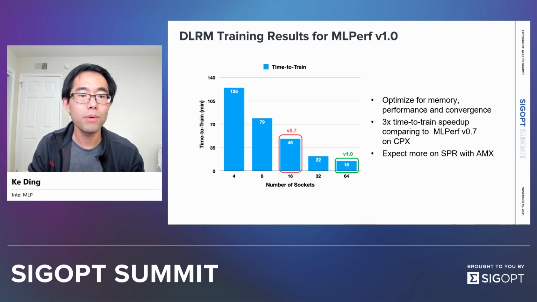And when we use LAMB to enable a 256K global batch size and the vertical split embedding table to scale out to 64 sockets, it only took 15 minutes to converge, which is a 3x speedup compared to the last v0.7 result. With the upcoming Sapphire Rapids and the AMX deep learning accelerator, we are expecting more improvements.